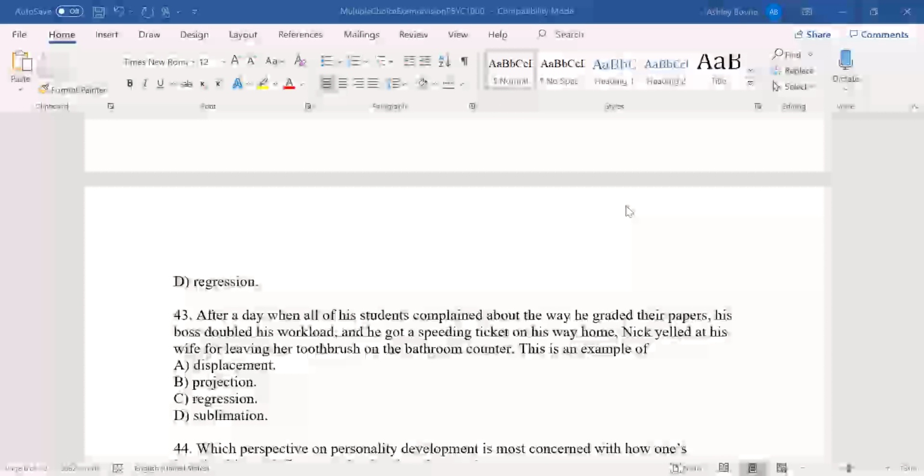If these become frequent, intense, and debilitating, the person may be diagnosed as suffering from generalized anxiety, panic disorder, post-traumatic stress disorder, or social anxiety disorder. Post-traumatic stress disorder. Yeah, you guys are right. These are symptoms of post-traumatic stress disorder, because it's a flashback on what happened.